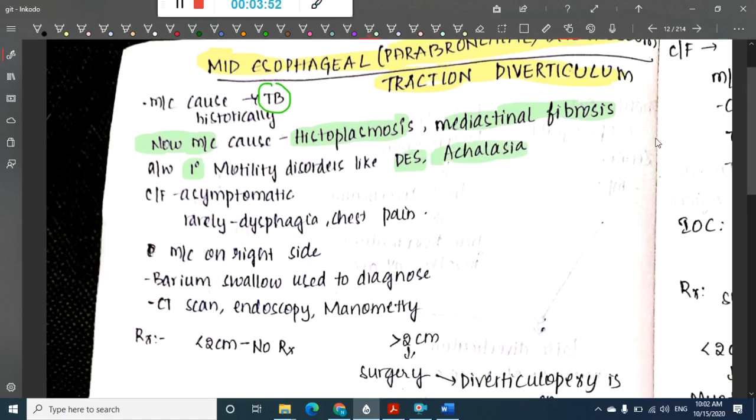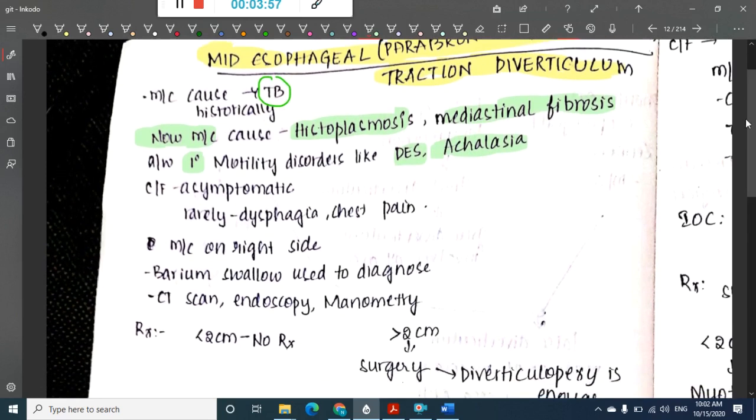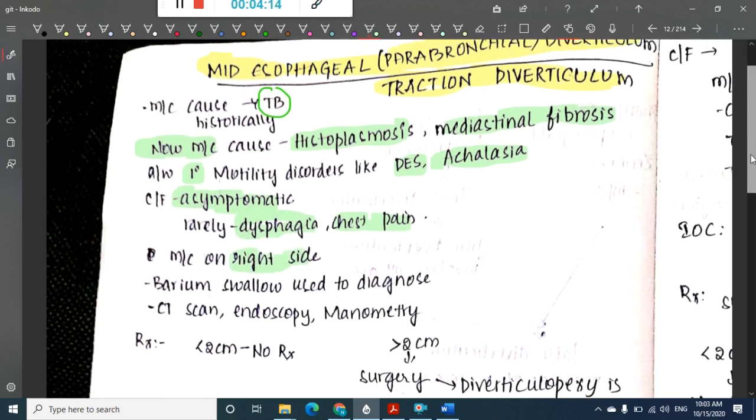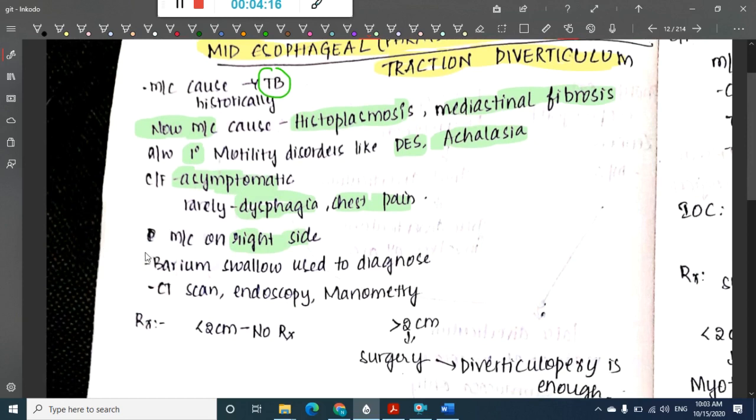If you look at the clinical features, this mid-esophageal or parabronchial diverticulum is mostly asymptomatic. Rarely it can lead to dysphagia and chest pain. It is mostly present on the right side, and as with any other diverticulum we use barium swallow to diagnose it.